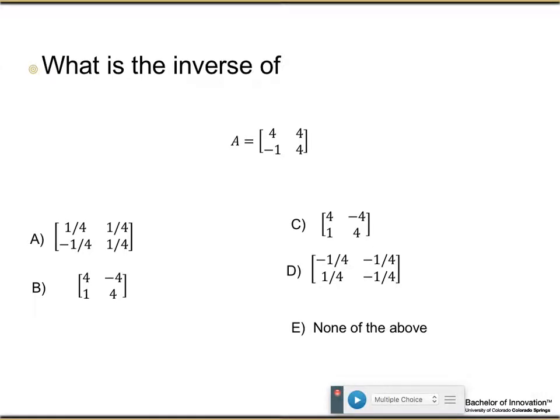Okay, so most people did get this one. There are two ways, well, maybe three ways to solve this. So, Brittany, how did you solve it?